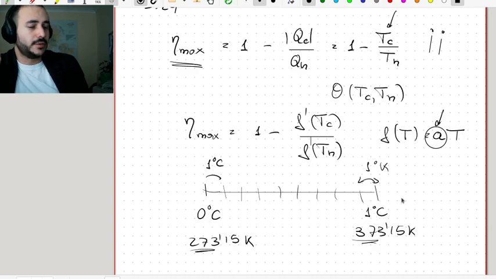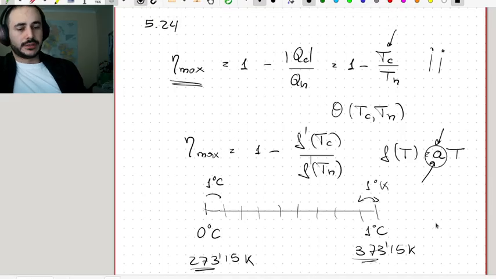It's just for historical reasons. So that's how we fix our proportionality constant, and this is how we have defined the temperature scale.